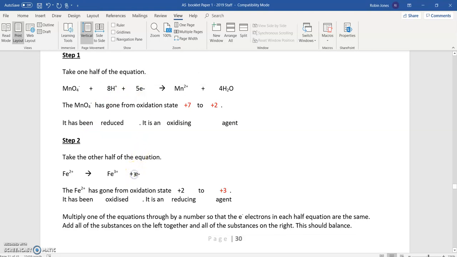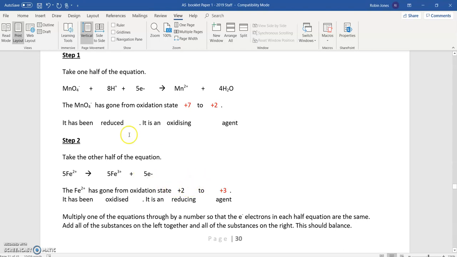In the other one, there needs to be 5 electrons on the right, so that when we add everything on the left and everything on the right, that cancels out. So I need to make 5 electrons on the right. So I times everything through by 5. 5 of them, and 5 of them, and 5 electrons.